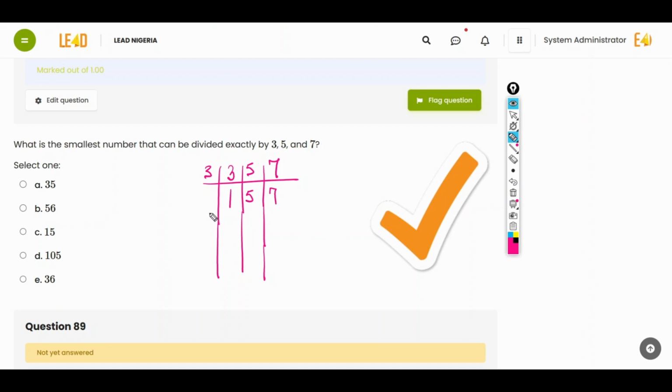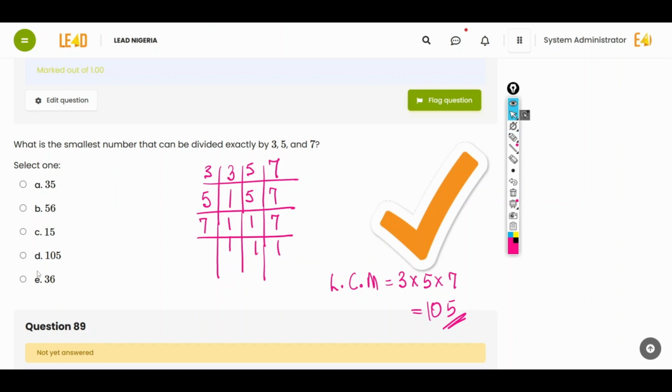And then 7. We can use 5. 1, 1, 7. And finally, we use 7. We have 1, 1, 1. All right, so the LCM is 3 times 5 times 7, which is 105. That option is option D.